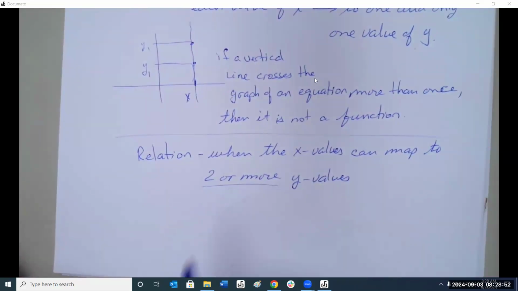Why is it two or more? Because if it was one, it would be a correspondence.